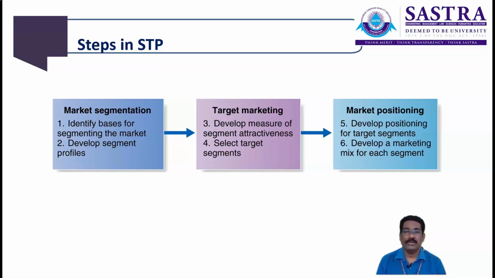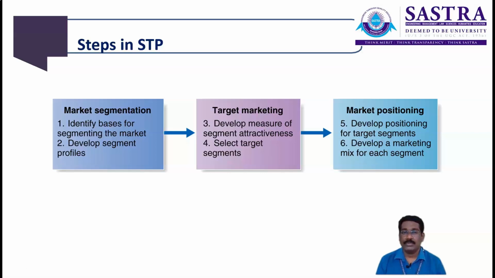So what kind of activities will we be carrying out in market segmentation? First, the marketer tries to identify the basis for segmenting the market, and based on the selection of that particular segment, they try to develop the segment profile.